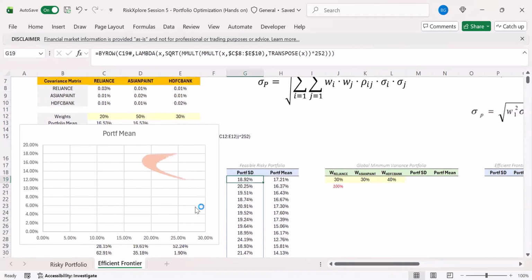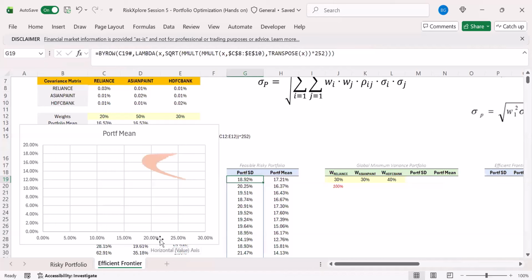But can we say that all of these portfolios are actually feasible or actually good for us, that we would create in real life? The answer is no. Why is the answer no? We discussed earlier that SD stands for risk. SD means risk. If you see this diagram, not all the portfolios are optimal to invest in, not all the portfolios are good for us to invest in.